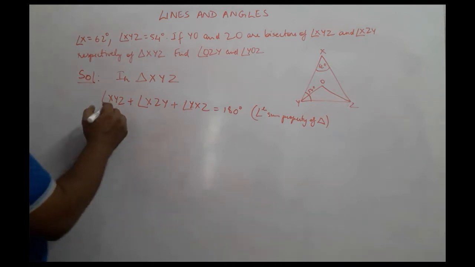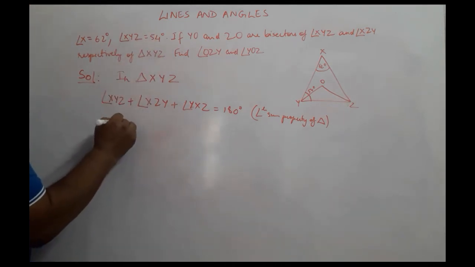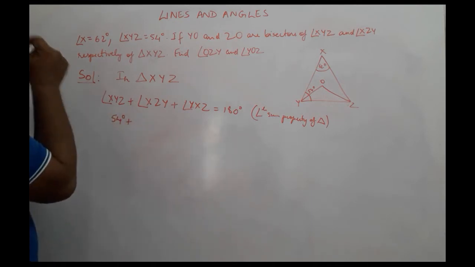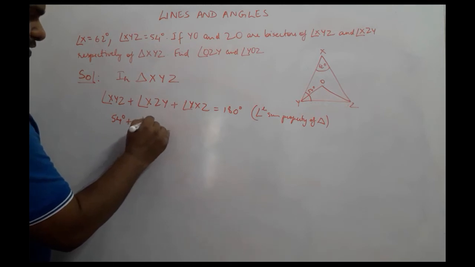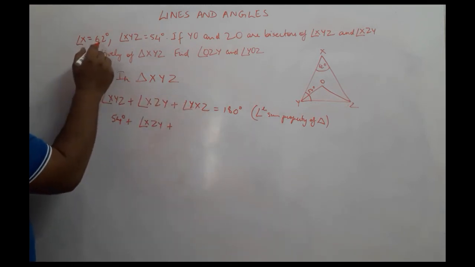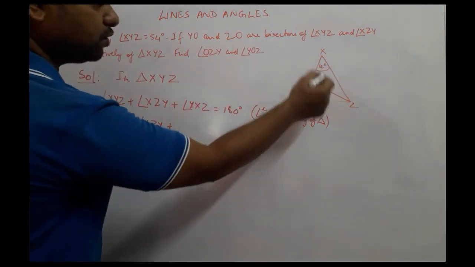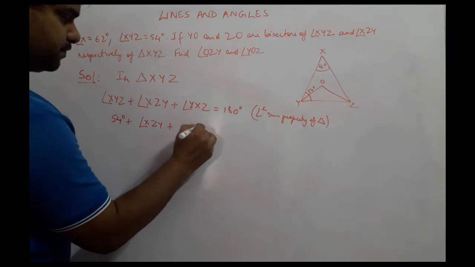XYZ is given to us as 54 degrees. XZY is what we need to find out, so we keep this the way it is. YXZ is the same as angle X, since there is no bisector or any other angle, that is 62 degrees.